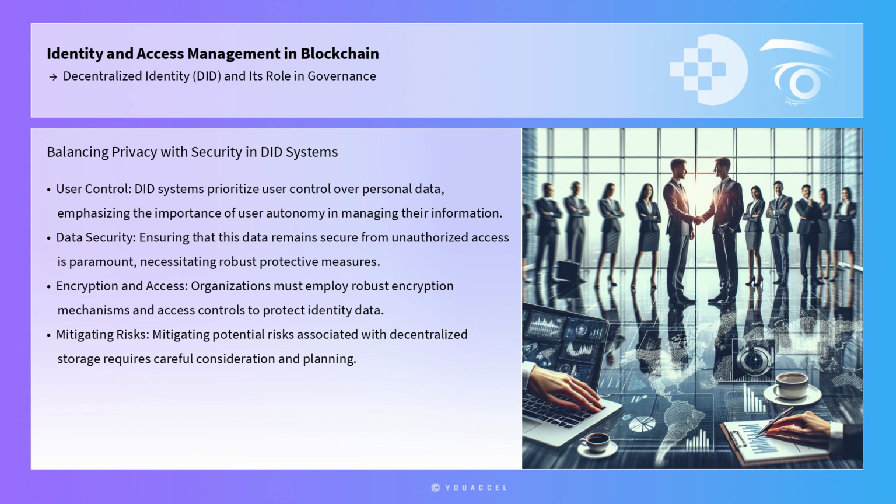While DID systems prioritize user control over personal data, ensuring that this data remains secure from unauthorized access is paramount. Organizations must employ robust encryption mechanisms and access controls to protect identity data, mitigating potential risks associated with decentralized storage.